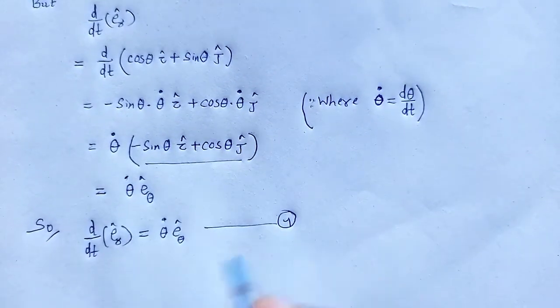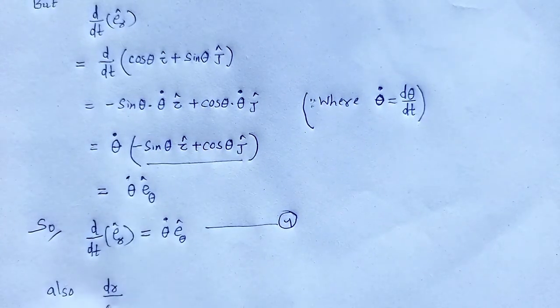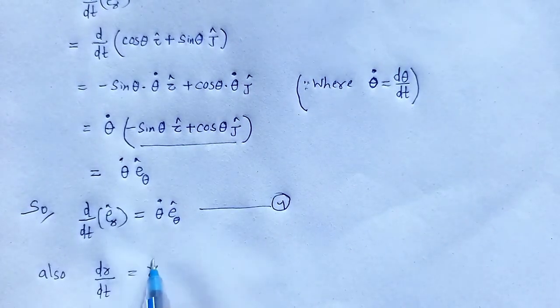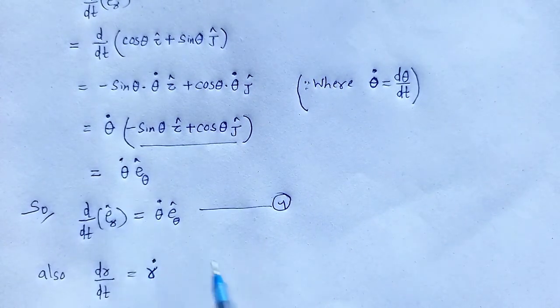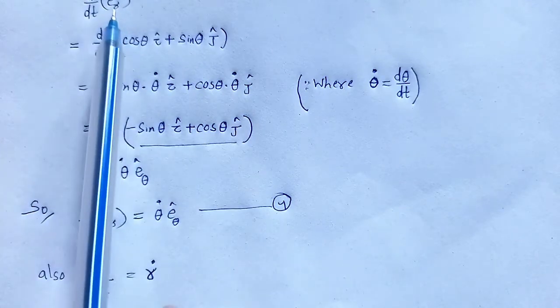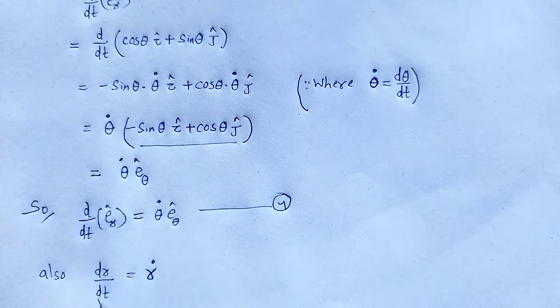Also dr by dt is equal to r dot, just a notation, the first order derivative of r with respect to t.